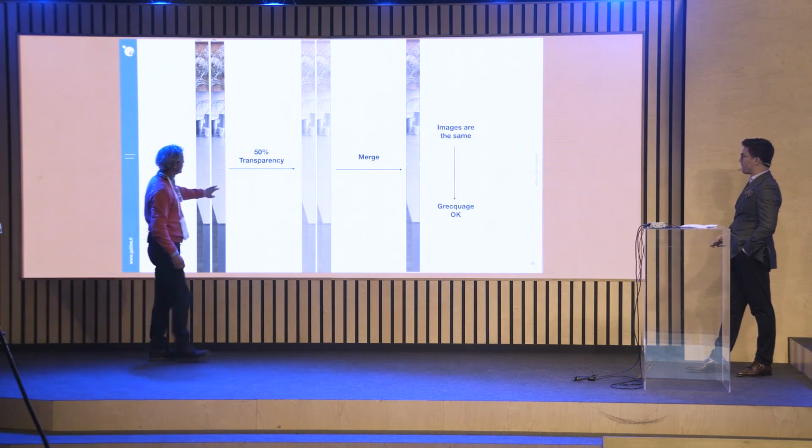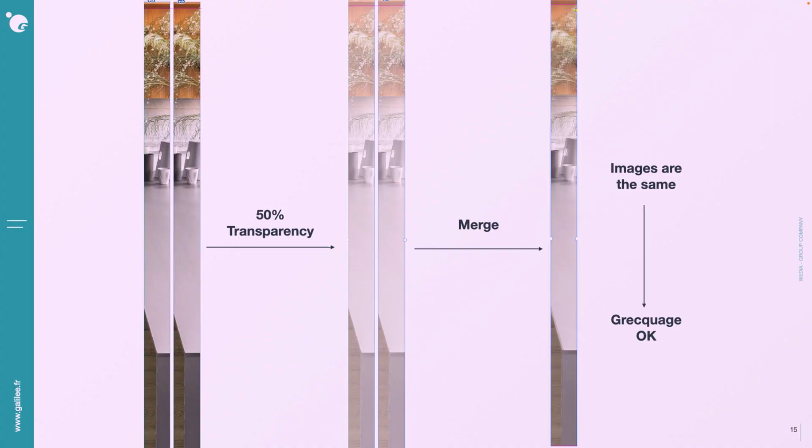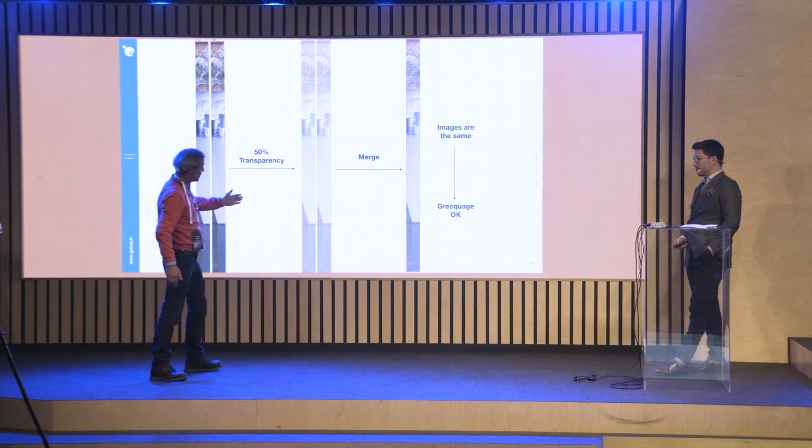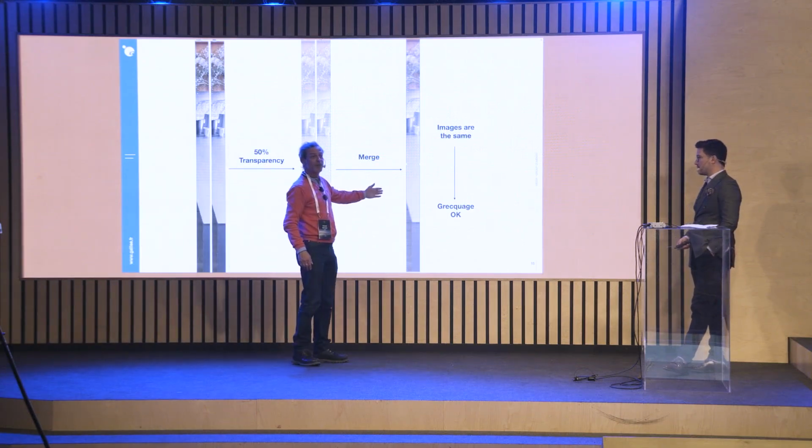And suddenly, if I put 50% of opacity, and when I merge them, I have now a 100% match, which means that the two images will overlap in my bond, and technically it should be okay when I'm going to print that.